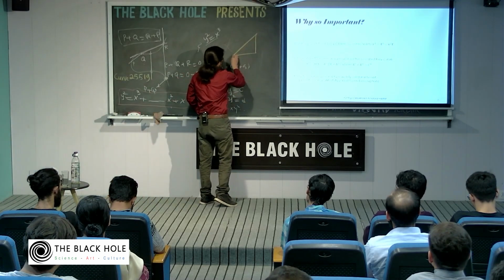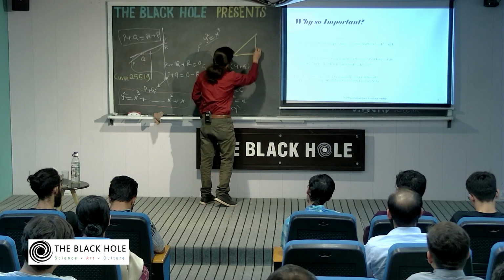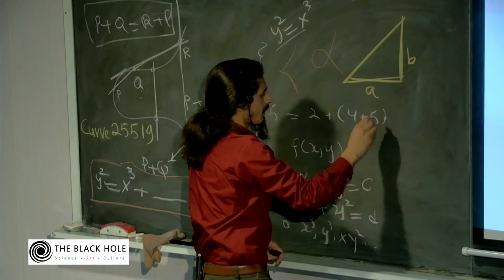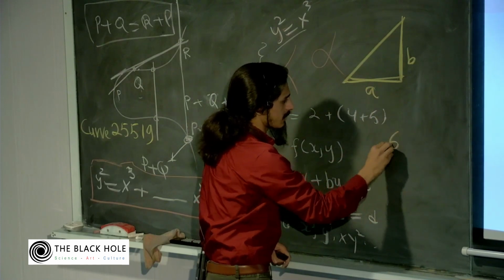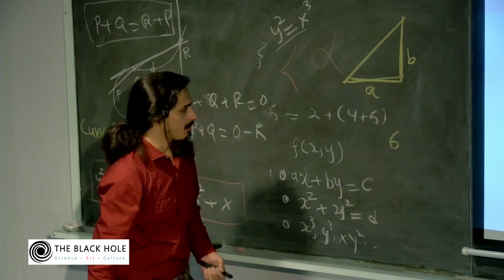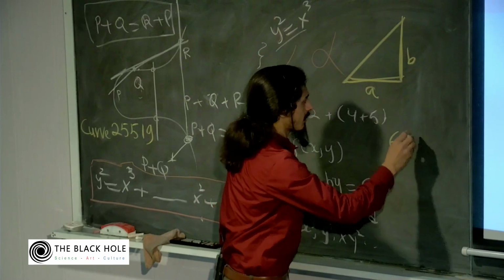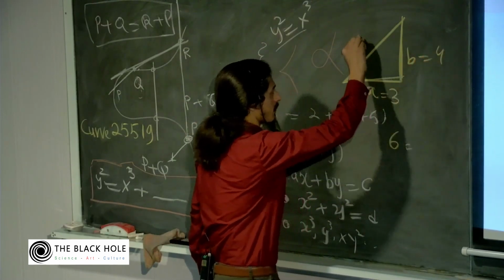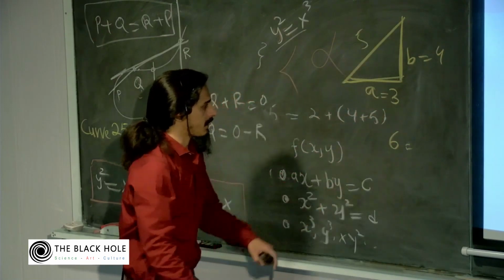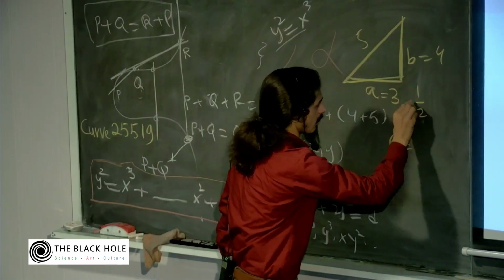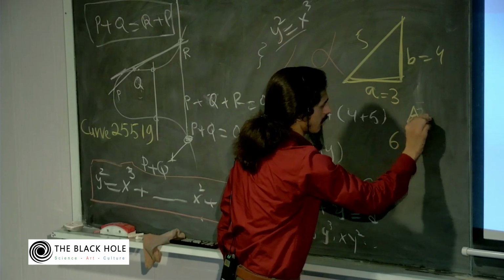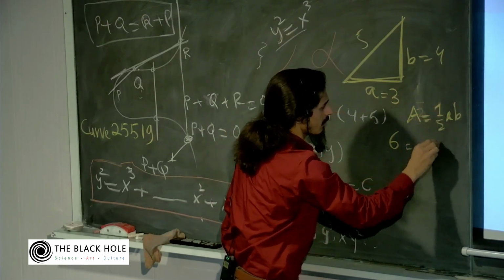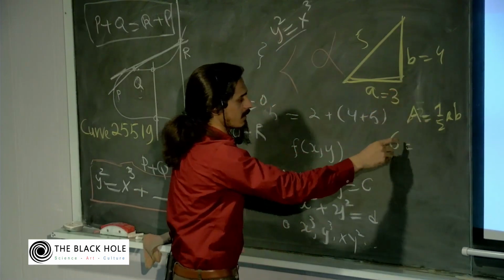Let's suppose this is a right angle triangle, not very well drawn, with sides A and B. For example, 6 is a congruent number because 6 is the area of our very famous 3, 4, 5 right triangle. The area is equal to half of A times B, so half of A times B will be 6.